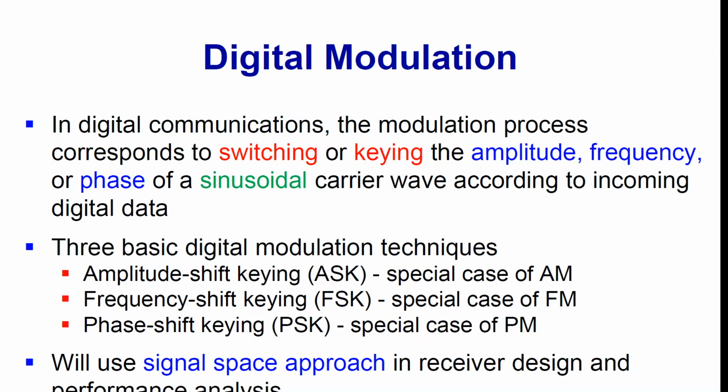The difference here is that there the message signal was continuous. The message signal had infinite values. Corresponding to these infinite values, in an AM signal you will have infinite possible amplitudes, in an FM signal infinite possible frequencies, and in phase modulation infinite possible phases, because the signal at the transmitter was continuous.